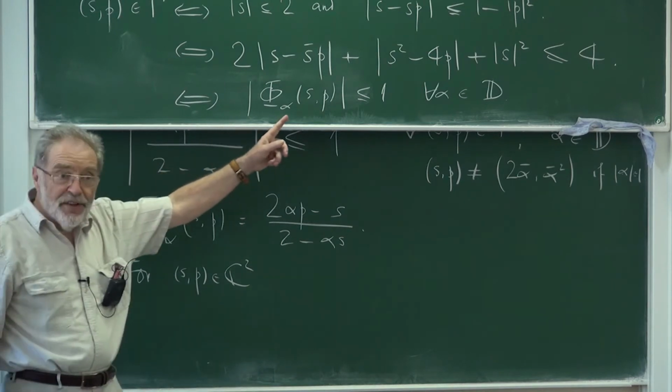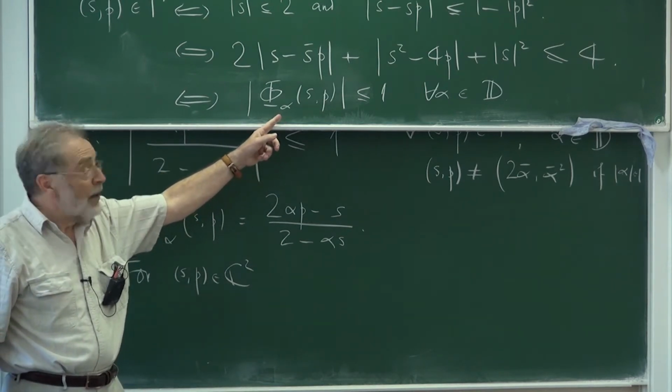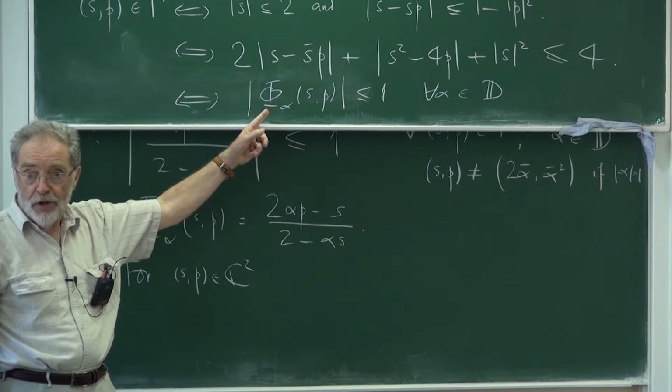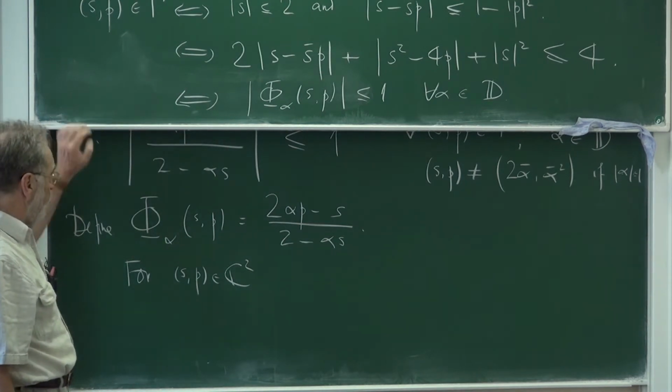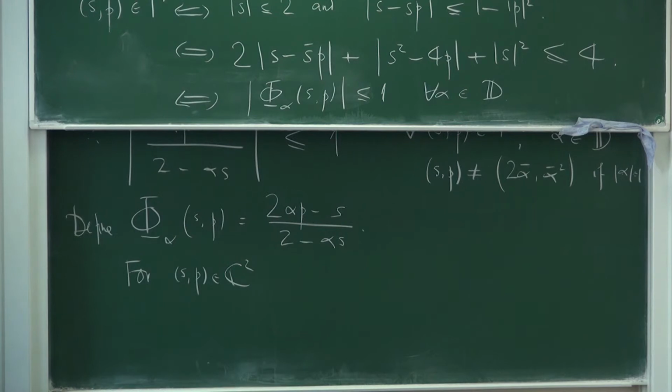And the thing is that this is an analytic condition for s comma p to belong to gamma. And that proves to be a very useful feature of it. So that's the set gamma.